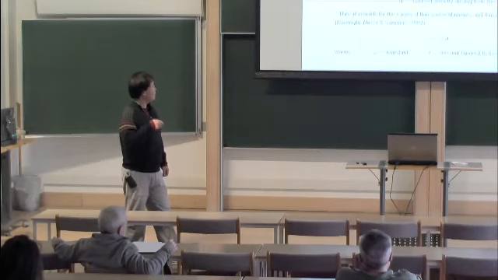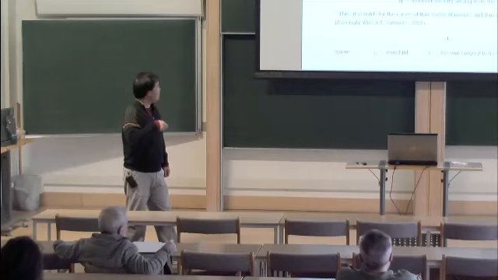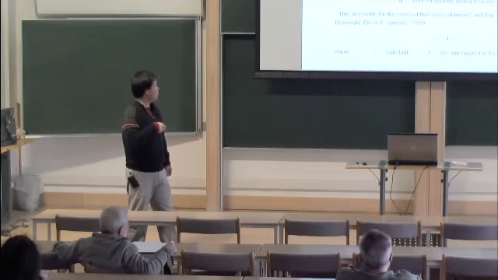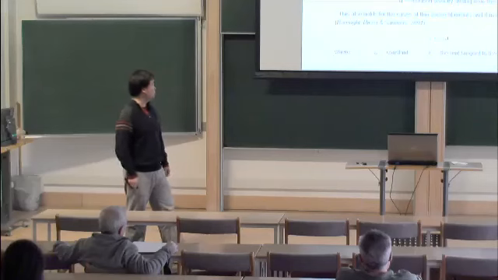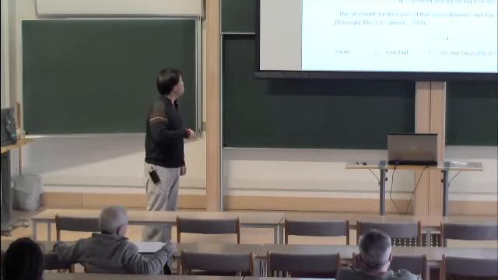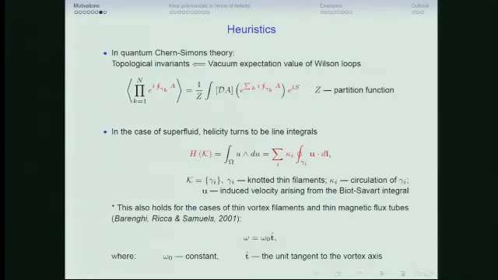Another simple case is very thin vortex filaments and thin magnetic flux tubes. Barenghi, Ricca, and Samuels proved that in that area, helicity can also be expressed as line integrals. Then let's do some work with this line integral and this action.